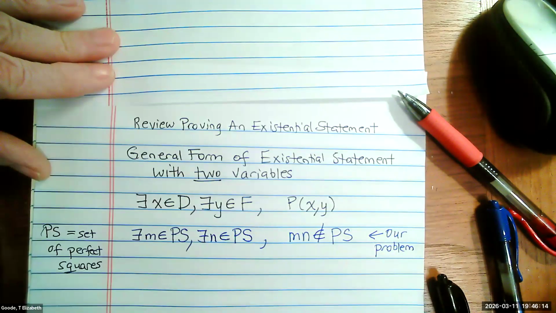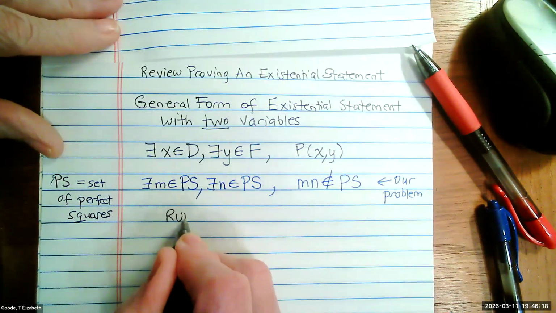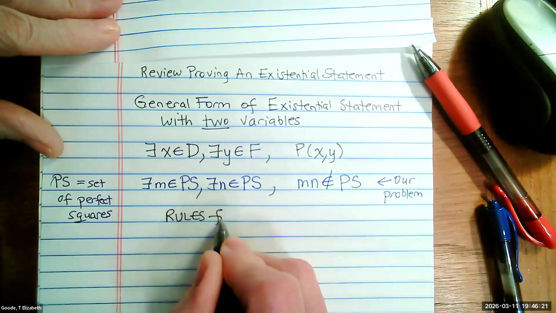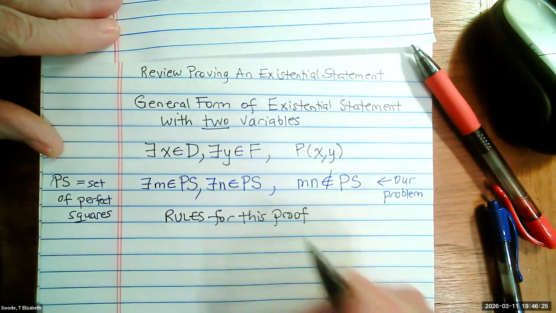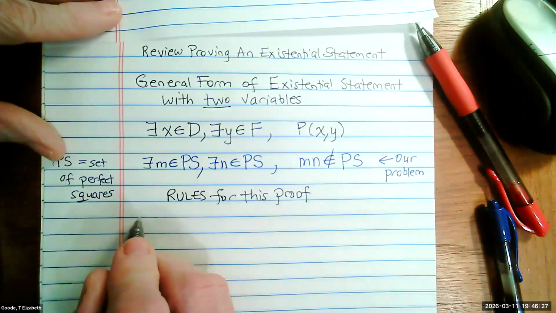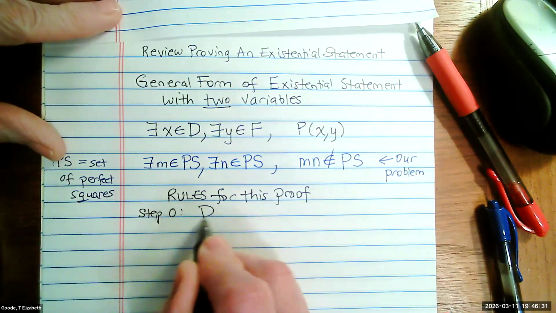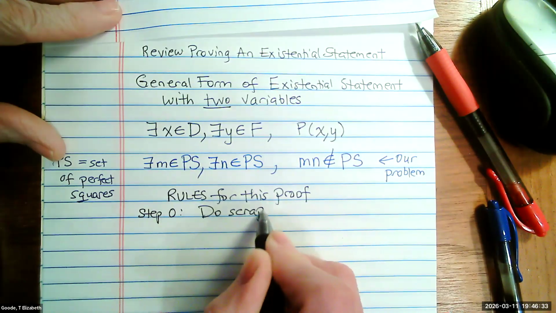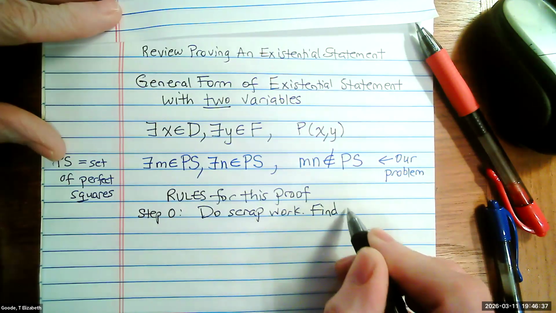Yeah. Okay, so the general rules for this kind of proof are: first, step zero, do scrap work, find your values.